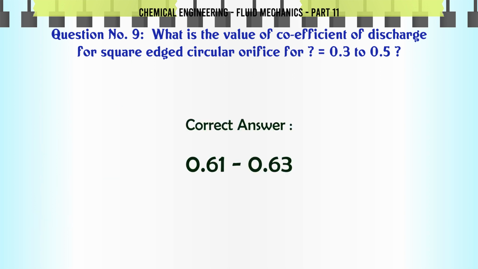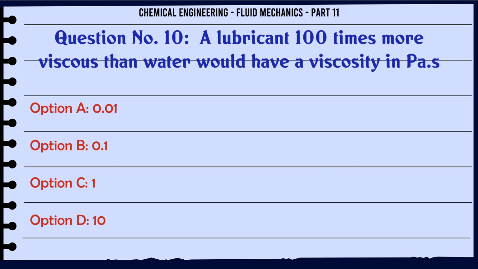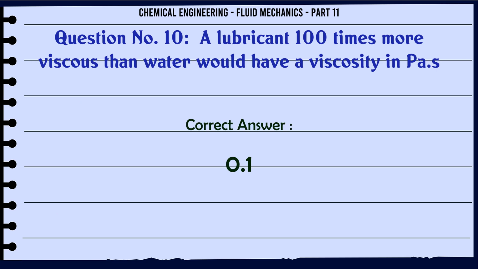The correct answer is 0.61, 0.63. A lubricant 100 times more viscous than water would have a viscosity in Pa.s: A. 0.01, B. 0.1, C. 1, D. 10. The correct answer is 0.1.